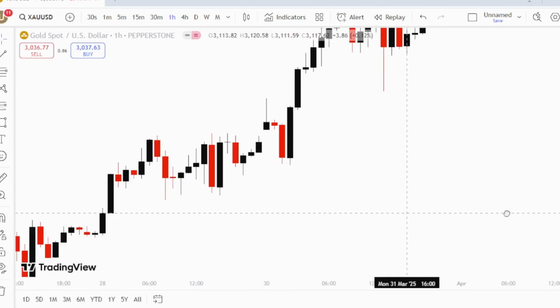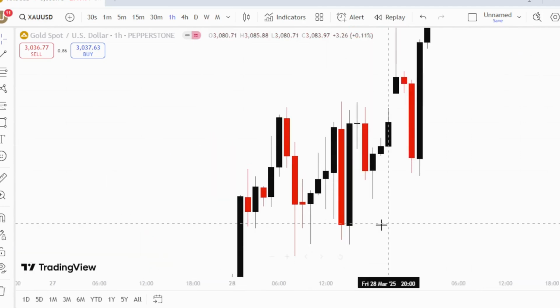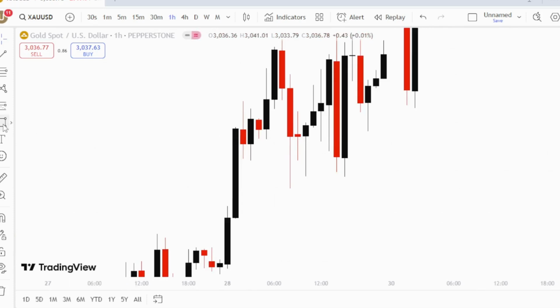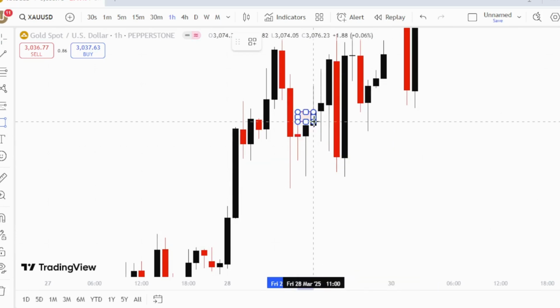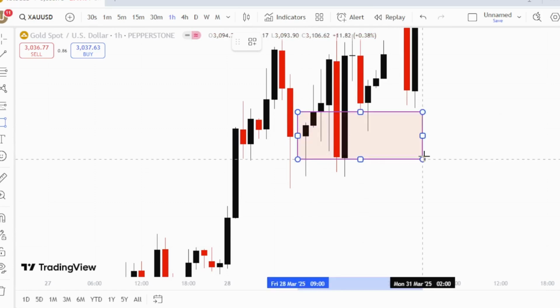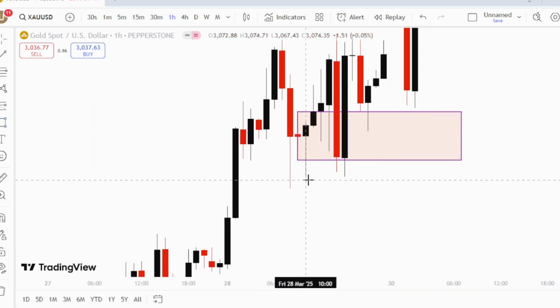Okay, look at this particular one. This is a bullish engulfing. So ideally, you only mark the body of the bear candle, which is this one. If you only mark this one now, look at it. You didn't consider this.